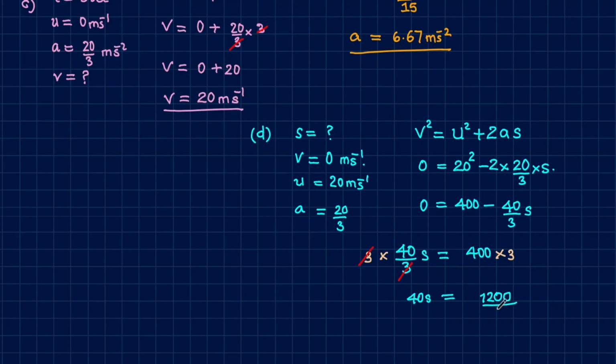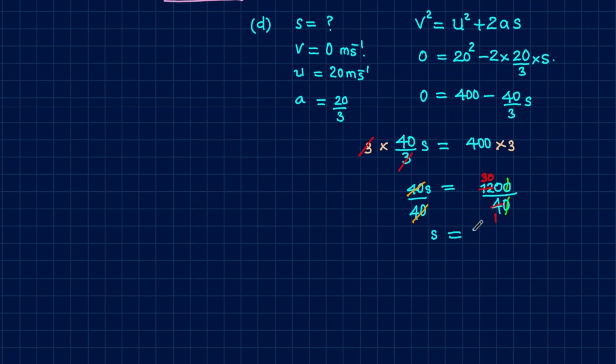Now we divide both sides by 40, since our main goal is to make S alone in order to get our distance S. So S must be equivalent to 1200 over 40, and we can reduce this by 4. 12 by 4 goes to 3, and we have this 0 here. So finally, we know that the distance traveled by body B is 30 meters.